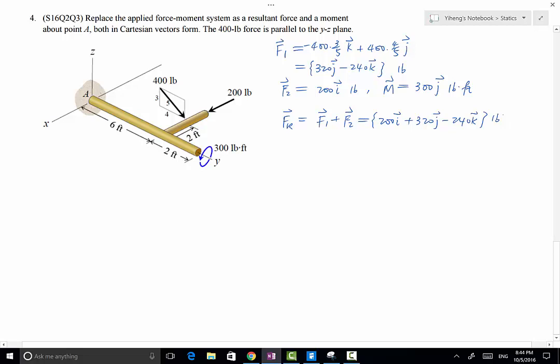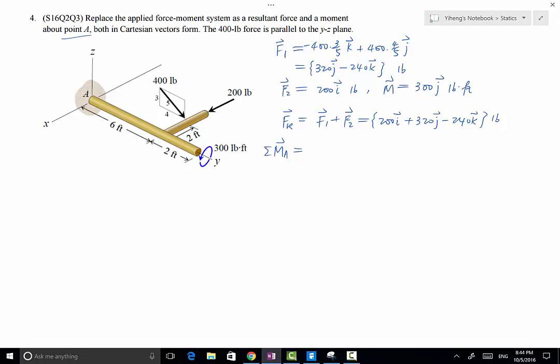And then we need to summarize the moment about point A as indicated in the problem statement. To do that, resultant moment about point A equals the total moment caused by the individual forces about point A plus any free couple moment.